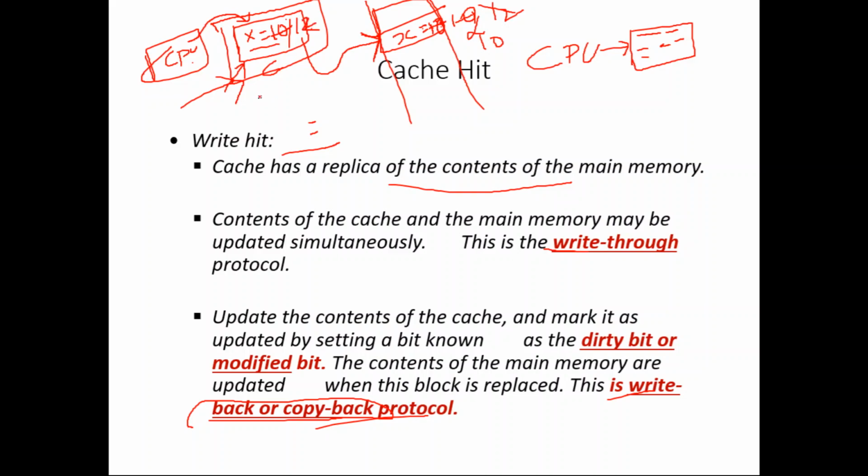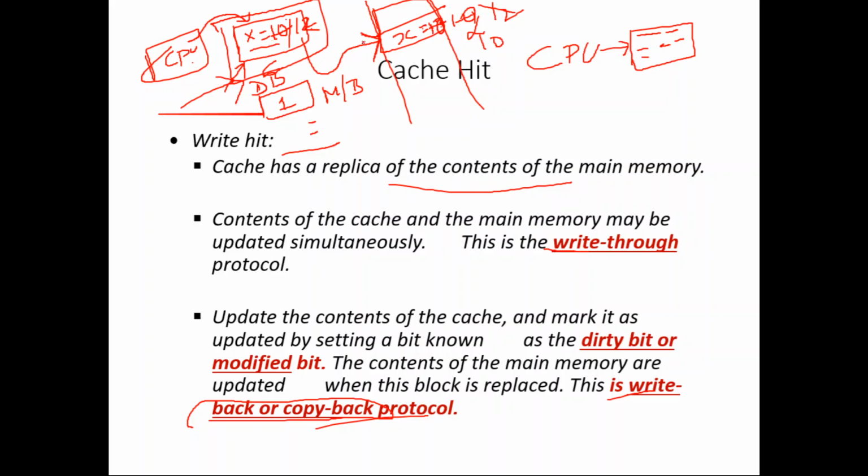Whenever you make a change, the dirty bit will be set to 1. The dirty bit is also called the modified bit. So I am calling it DB or MB. This dirty bit or modified bit will become 1. If it is 1, it means that some change has happened in the cache, and that should reflect in the main memory. That is the idea.